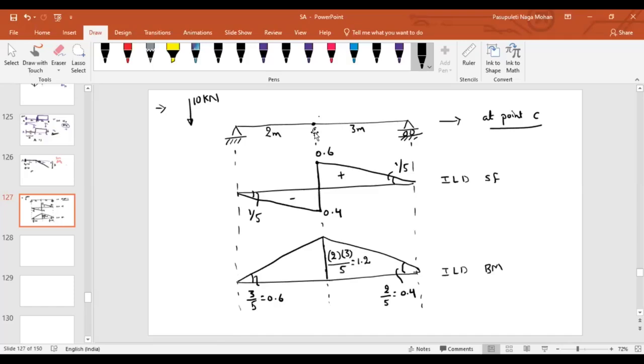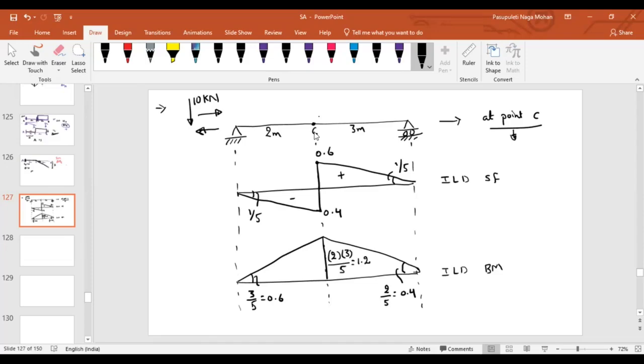So as of now, just for the sake of it, I am talking about a point C. At point C, if a 10 kilonewton load is moving, either from left to right or from right to left, if only one load is moving, it doesn't matter. Why? Because as there is only a single load, we have to take only a single ordinate.